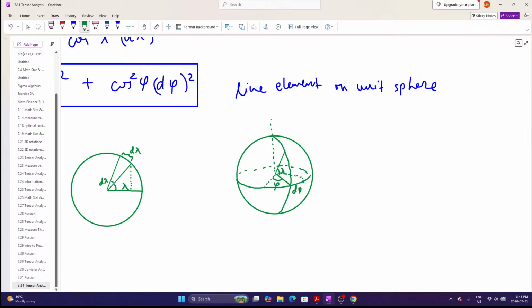So the meridian is now rotated to this new location. However, because lambda is fixed, as you can tell from the diagram, at the fixed latitude, this is the constant latitude line.